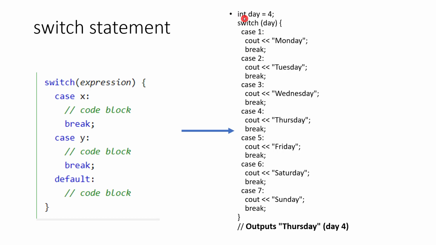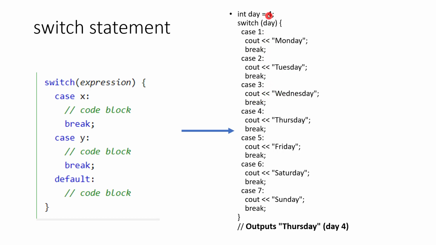Here it is defined: integer day is equal to 4. Then the condition starts: switch day. Day is the switch portion. Curly bracket, case 1. Case 1 is cout Monday, then break. Case 2 is cout Tuesday, break. Case 3, cout Wednesday.